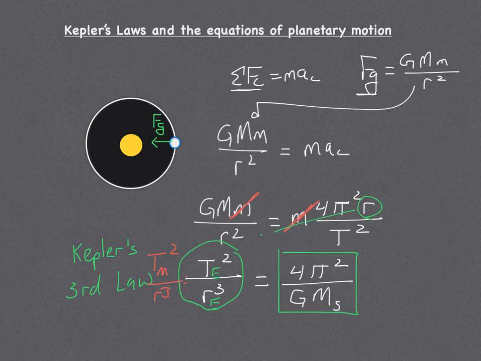That means that these numbers are constant, so that this number has to be constant. 4 is a constant, pi is a constant, G is a constant, and if we're looking at every object around the sun, that's going to remain constant. If we change it to the Earth, so every satellite is orbiting the Earth, it's still going to have its own constant square of the periods to the cube of the radius relationship.